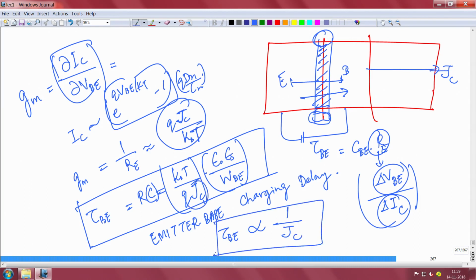What it means is that if you increase the current density of the output current somehow, by biasing it at a higher voltage, then your delay also will come down. This is a unique situation, because in conventional MOSFETs you will not get this kind of behavior. Only in a BJT do you get this behavior, that with increasing output current your delay can come down. It is a very beautiful result actually, but this is basically your emitter delay, and the emitter delay could be significant or may not be significant in some cases.